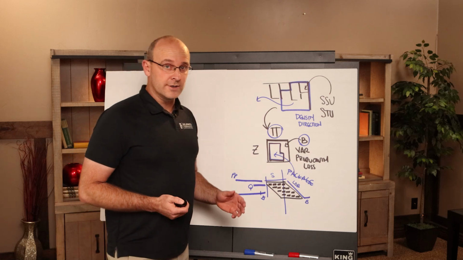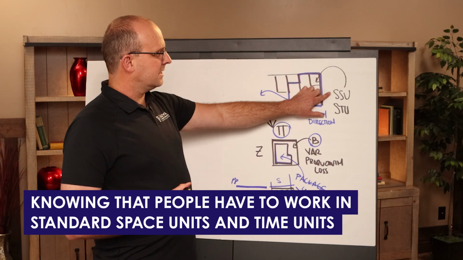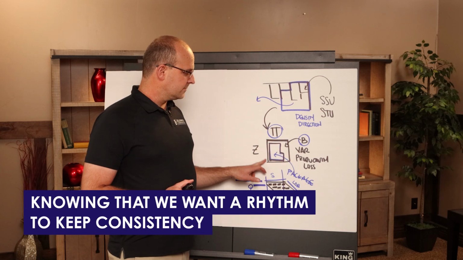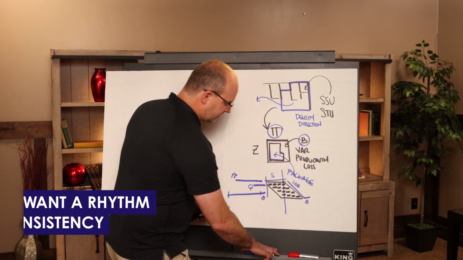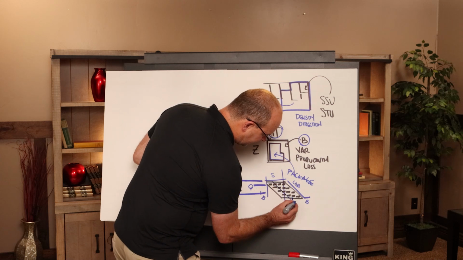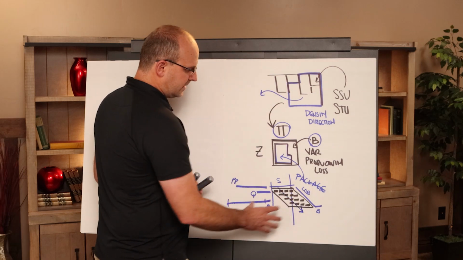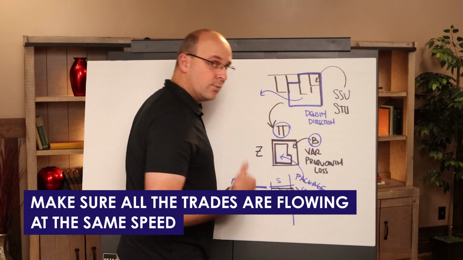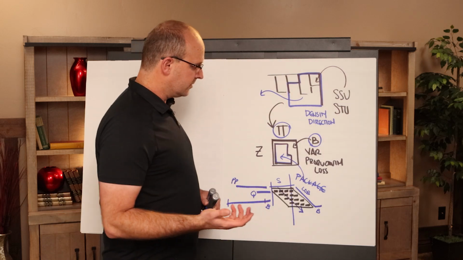What makes it work is that we know people have to work in standard space units and time units. We want a rhythm to keep consistency, because we want that good diagonal trade flow. The reason we put it into a phase is to make sure all the trades are flowing at the same speed within reason, unless you have a multi-train takt plan.